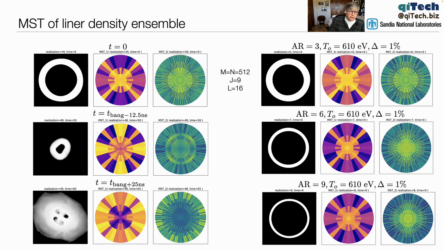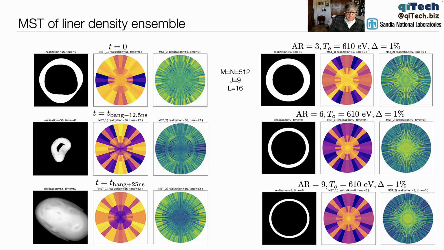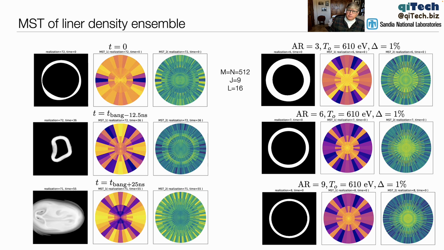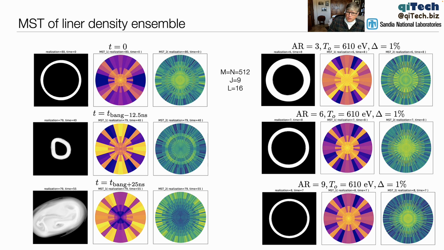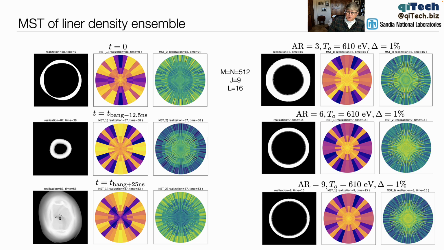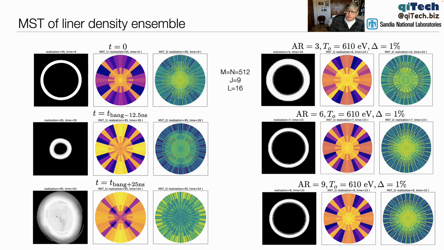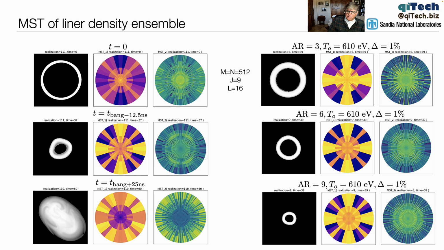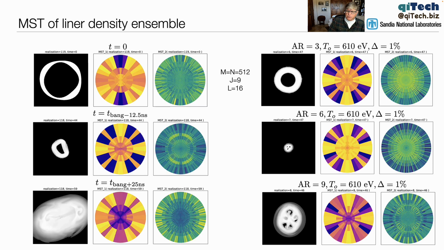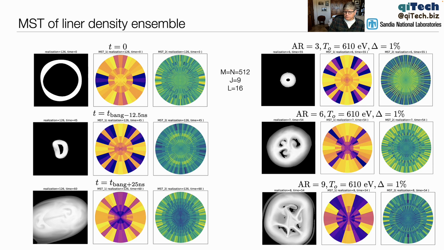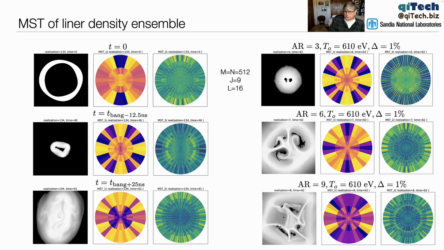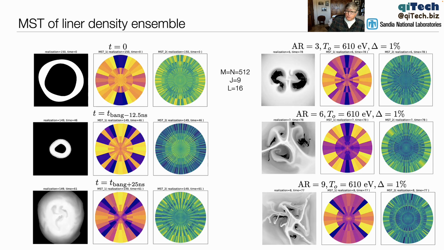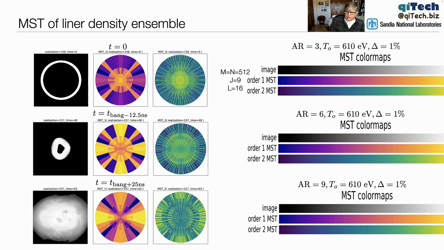This is a linear scale for the MST. I'm now starting the implosion simulations on the right. Again, notice that the thinnest liner has more acceleration and converges more quickly, and then finally at the end of these movies the color maps will be displayed.